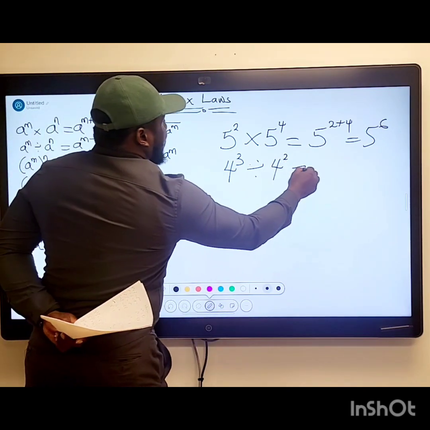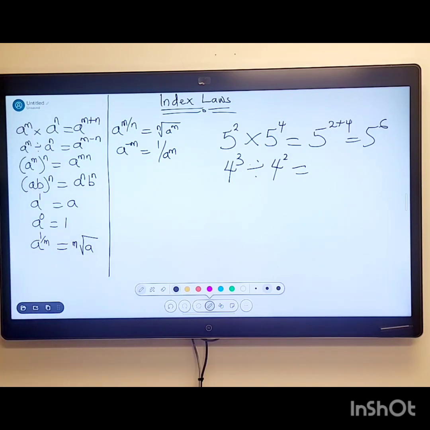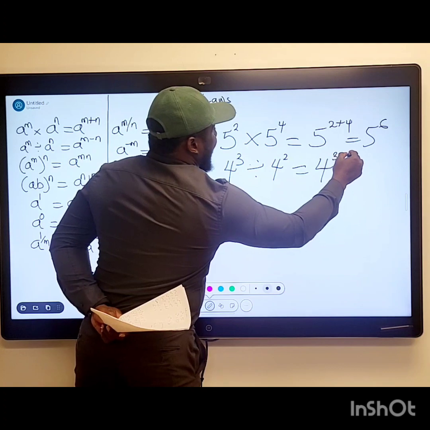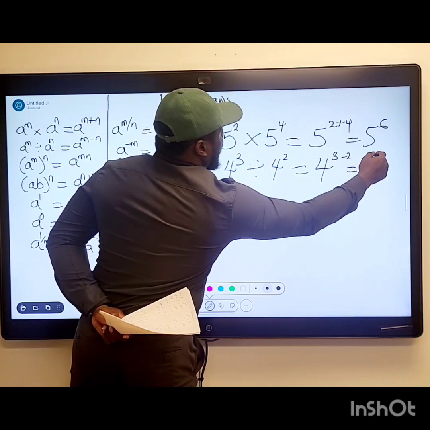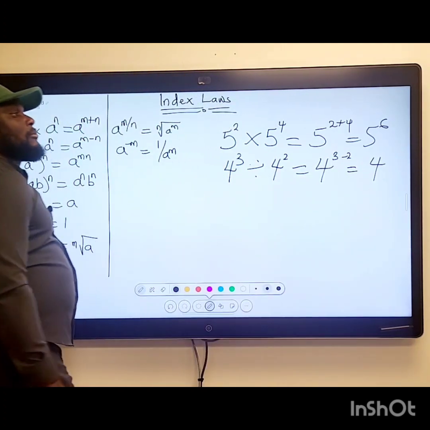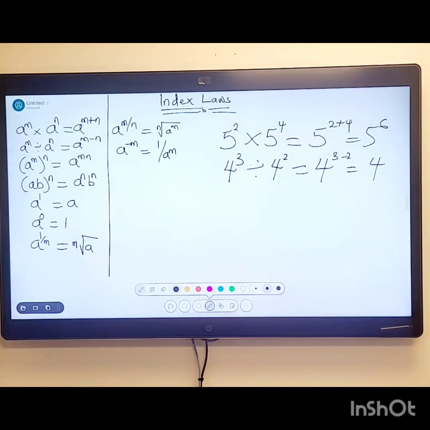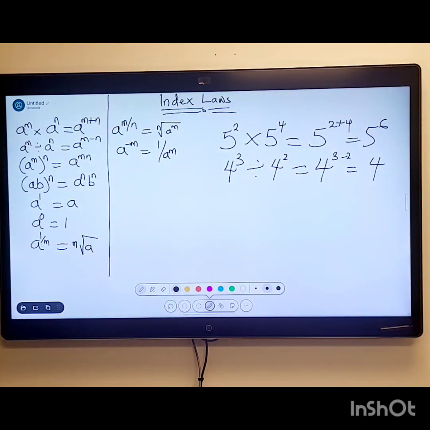Remember that division means subtraction. So this will give us 4 raised to power 3 minus 2, and that will give us 4, because this will give us 1. And then remember, anything raised to power 1 will give us back that base that we have.